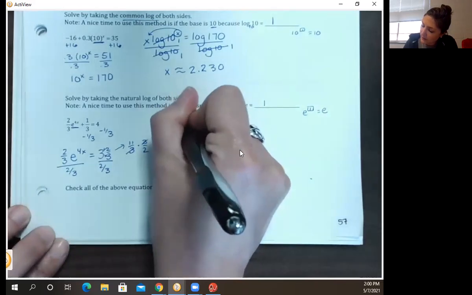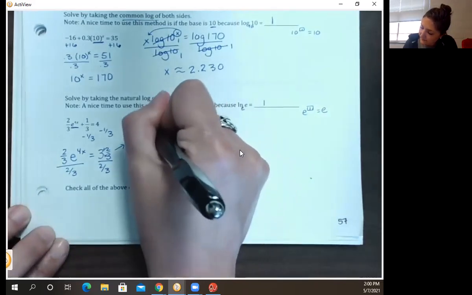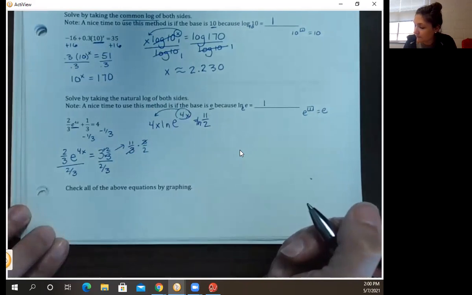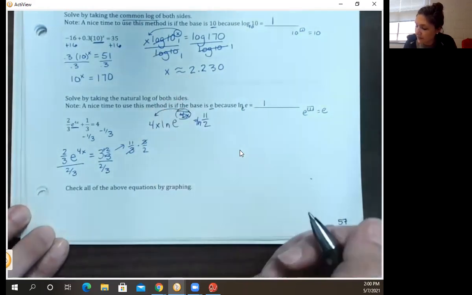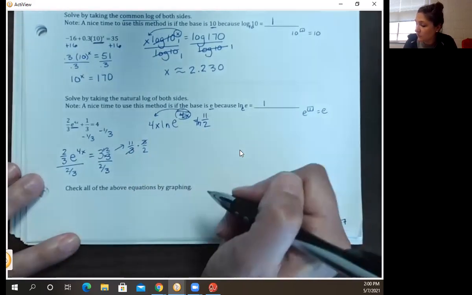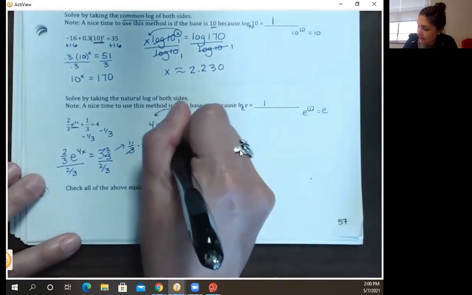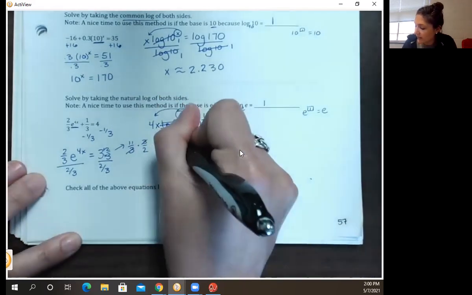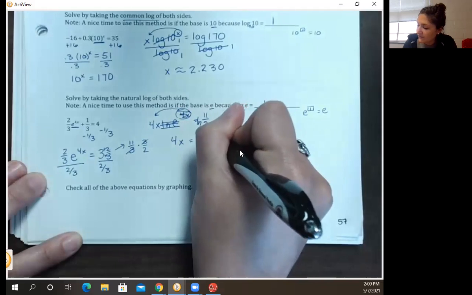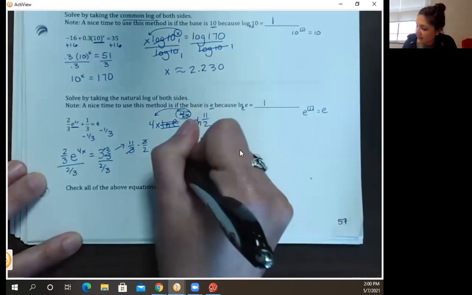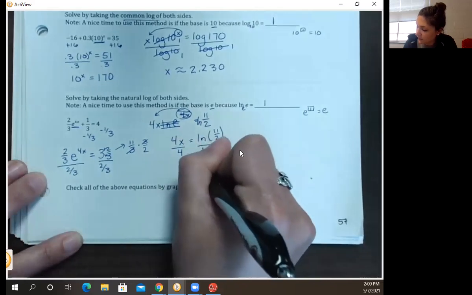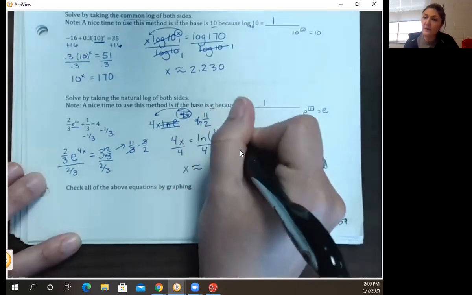Again, my exponent property kicks in here, and that 4x can come down in front. So this isn't in the exponent anymore. And then remember that the natural log of e is just 1. So this part right here is just 1. So what I really have is 4x equals the natural log of 11 over 2. Divide both sides by 4 so that I get x by itself. And then this part, I'm going to type in my calculator.